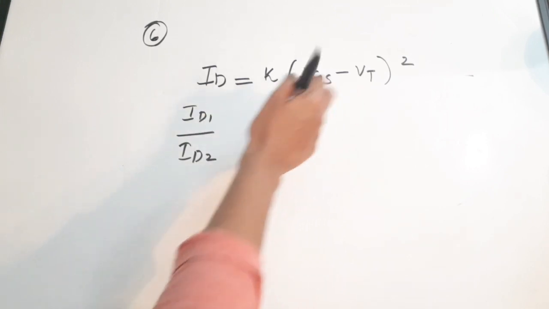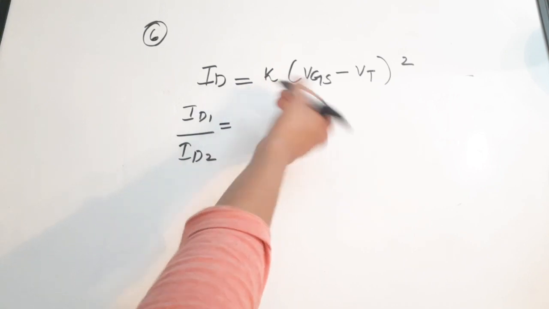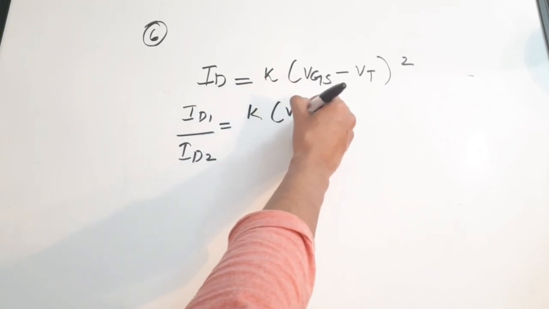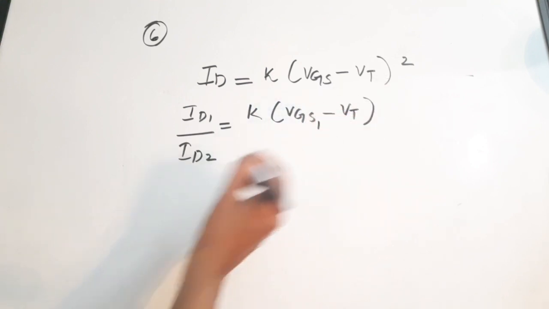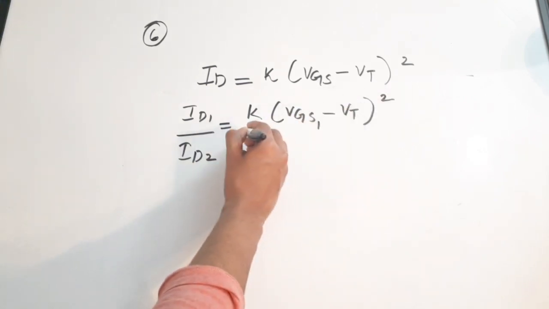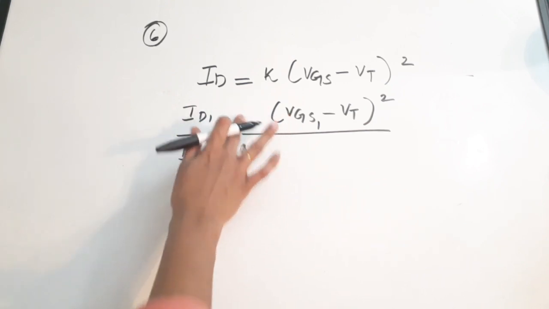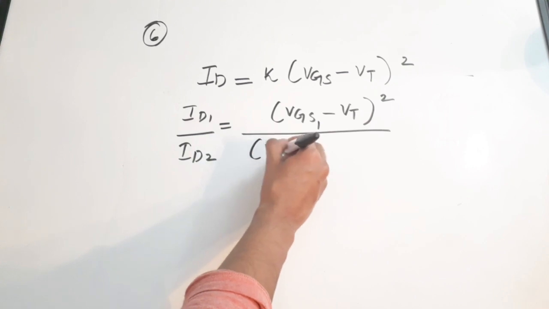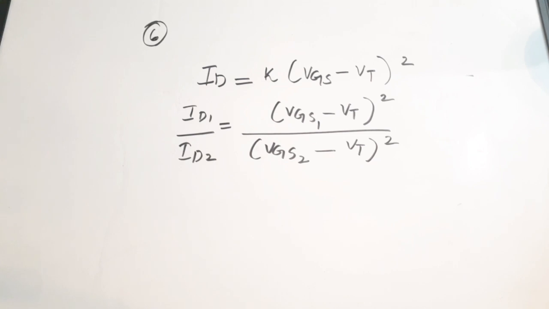We can ignore the K since it is a ratio: (VGS1 minus VT) square divided by K again, so the K and K get cancelled, (VGS2 minus VT) square. VT is the same. I hope it is clear. So we are taking the ratio of currents.